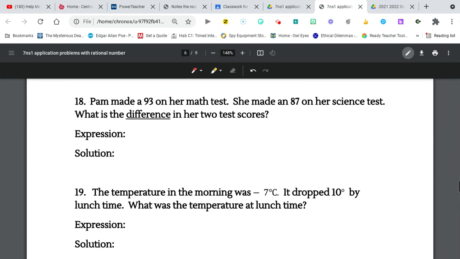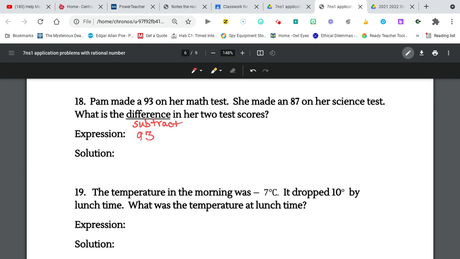Okay, let's look at 18. Pam made a 93 on her math test. She made an 87 on her science test. So what's the difference in her two tests? Okay, this is another elementary difference problem because it doesn't involve order at all. All you need to do is subtract. You just subtract high number minus low number.